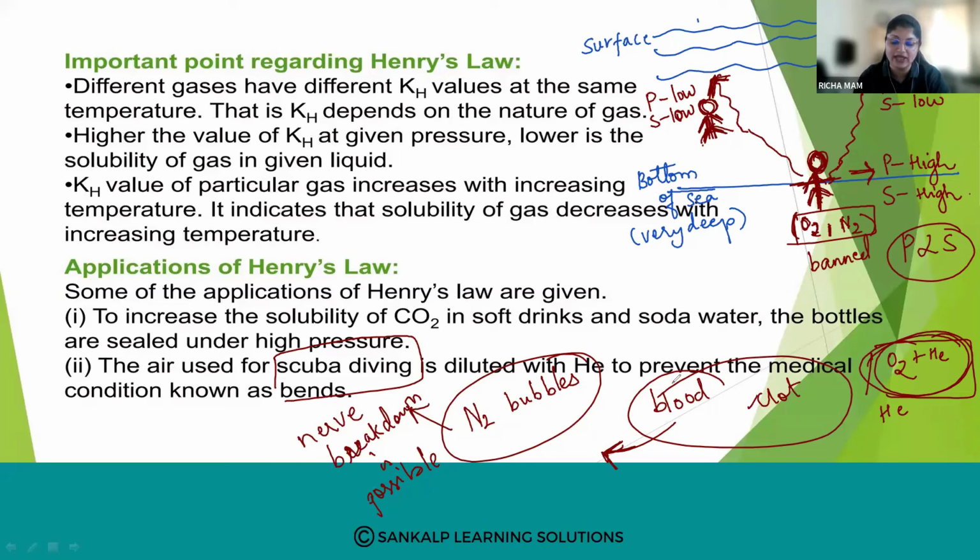This medical condition is known as bends, and it is very painful and dangerous. This nerve breakdown is called bends. How can the bends be prevented? It can be prevented by diluting with He. So this is the prevention. Is this application clear?